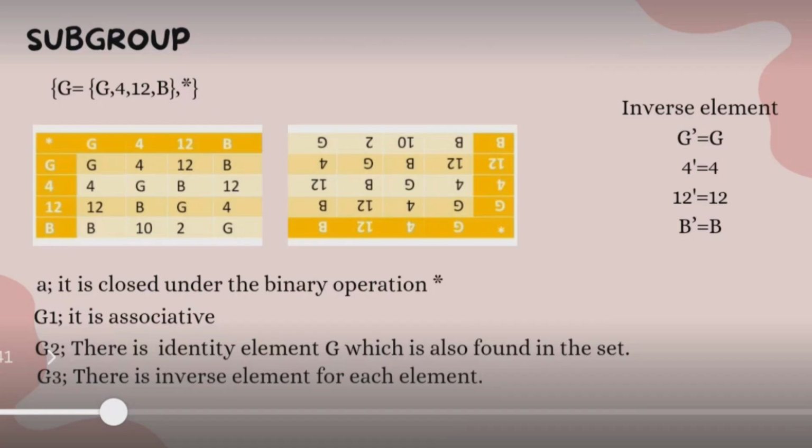It is associative, has identity element G, and of course the inverse elements: the inverse of G is G, the inverse of 4 is itself, and 12 is itself also. And therefore, it is closed because any element that is operated is still in the set. The identity element exists as well as the inverse element.